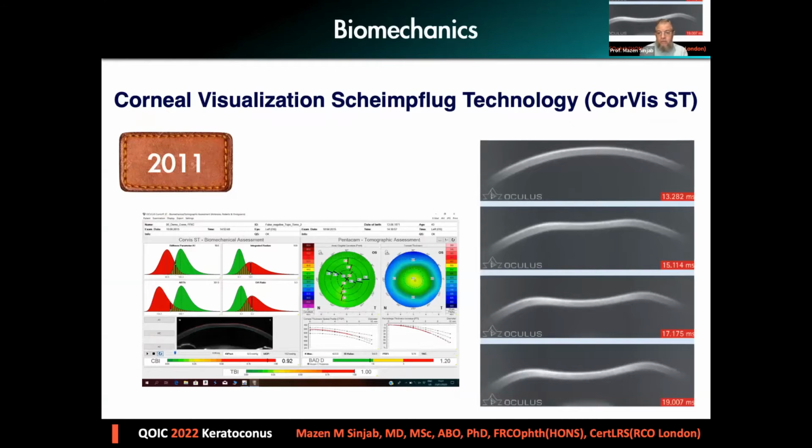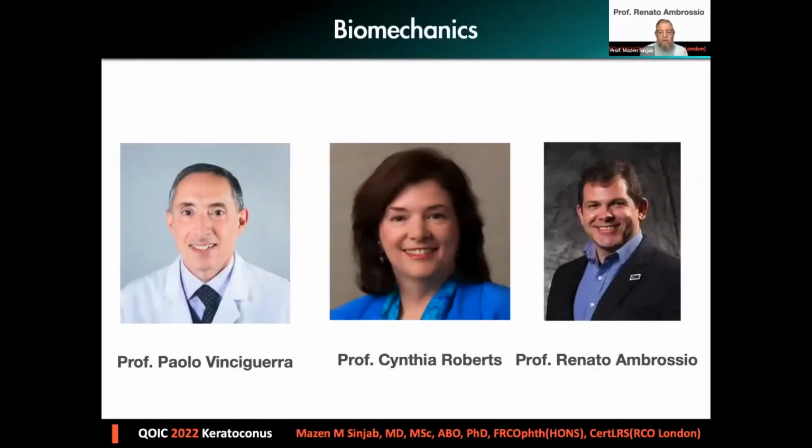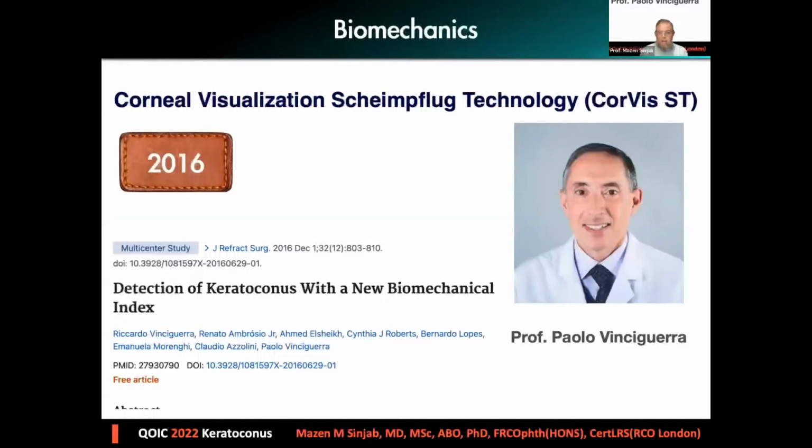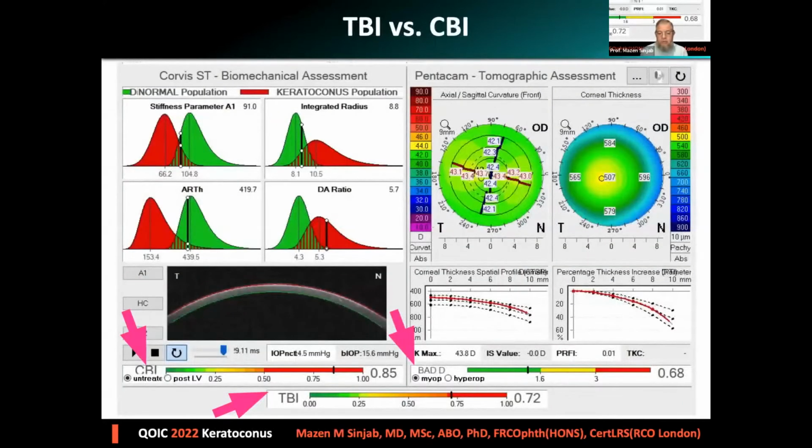Then the Corvis came in 2011. After that, there was very nice work thanks to Paulo Vinciguerra, Cynthia Roberts, and Renato Ambrosio for the great work they did. And Paulo Vinciguerra in 2016 came with a very important index, which is the TBI.